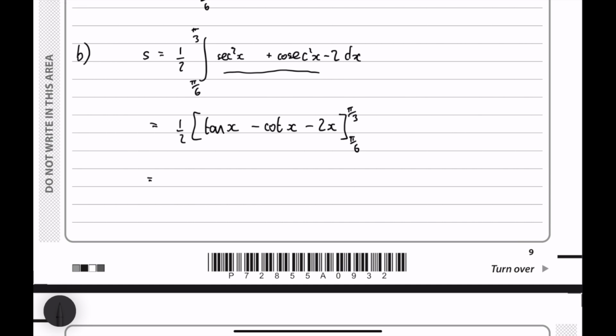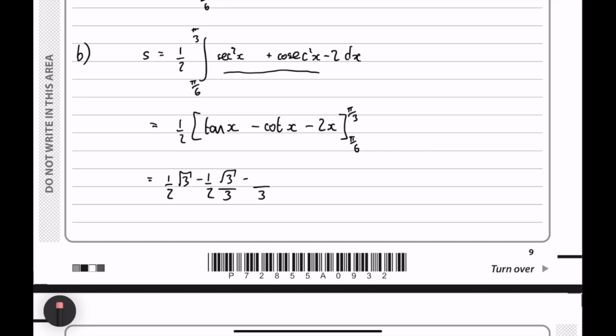So we've got a half tan pi by 3, which is root 3, minus a half of cot pi by 3, which of course is 1 over root 3. So that's root 3 over 3, minus 2 lots of pi by 3, but there's another half.